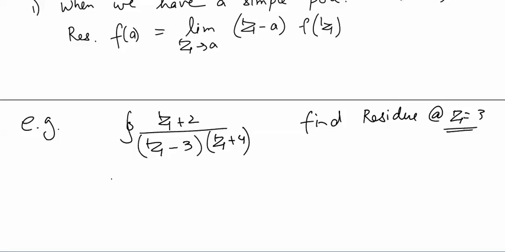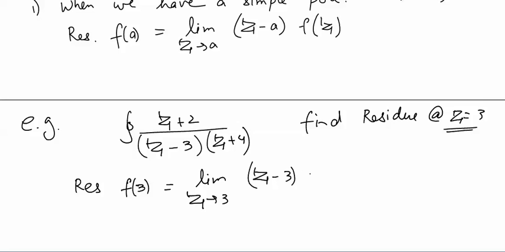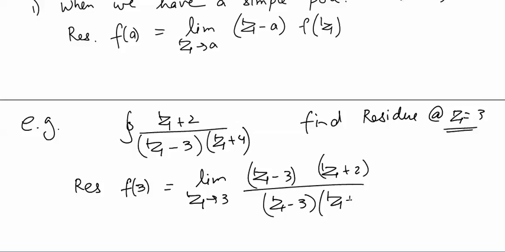So residue of f at 3 will be nothing but limit z tends to 3 of z minus 3 into z plus 2 upon z minus 3 into z plus 4.